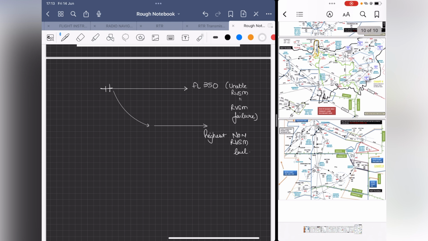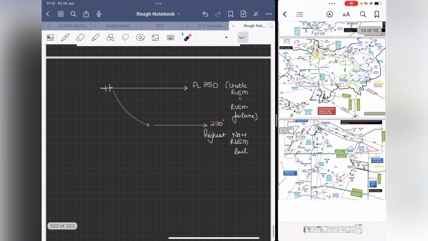Because I'm an eastbound flight, the highest non-RVSM level for me would be flight level 270, right? Because I have to be odd, because I'm eastbound traffic, and below 290 this is the highest eastbound non-RVSM level I can fly. So I'm requesting to fly 270. If I would have been flying westbound, I would have descended to flight level 280. But my basic intention is to get out of this RVSM airspace.